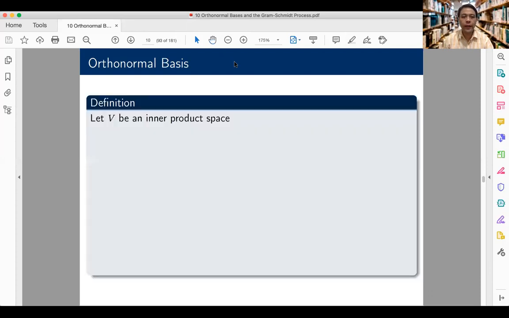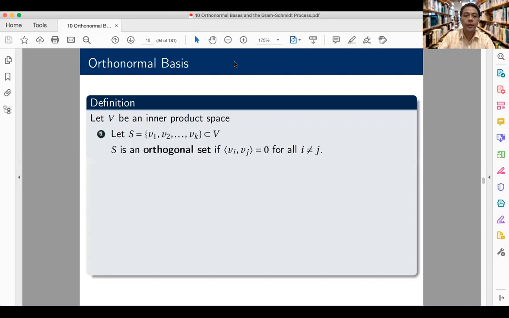So suppose that we have an inner product space. So automatically may inner product na siya. So we say that if we have a set S composed of the vectors V1 up to Vk, and S is a subset of V. Hindi siya subspace, a subset.